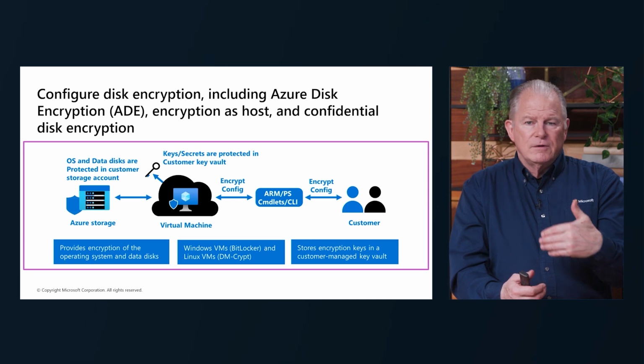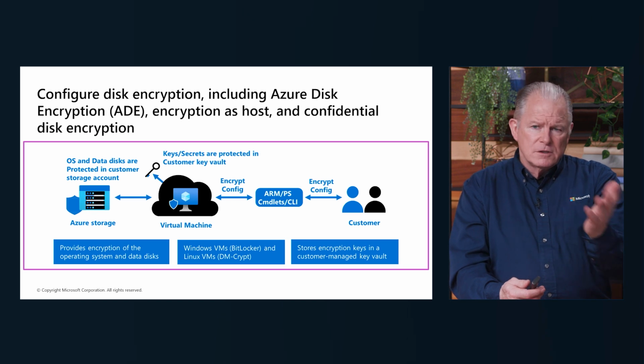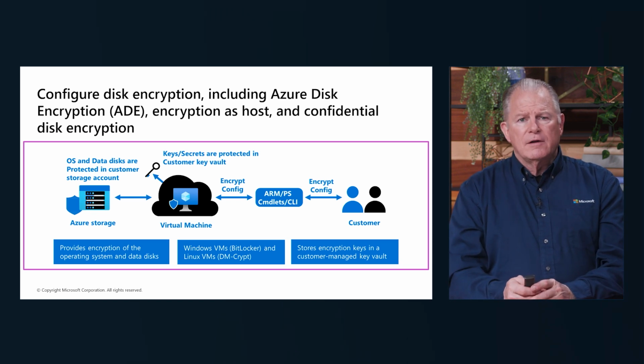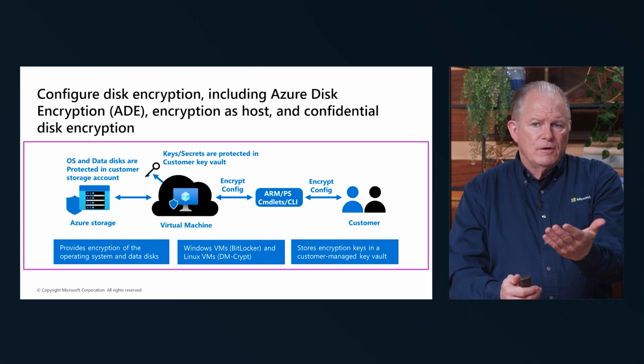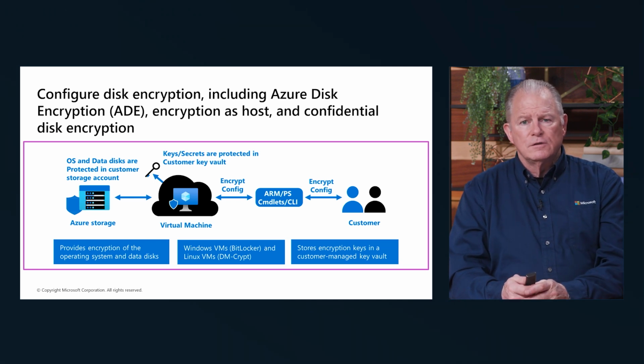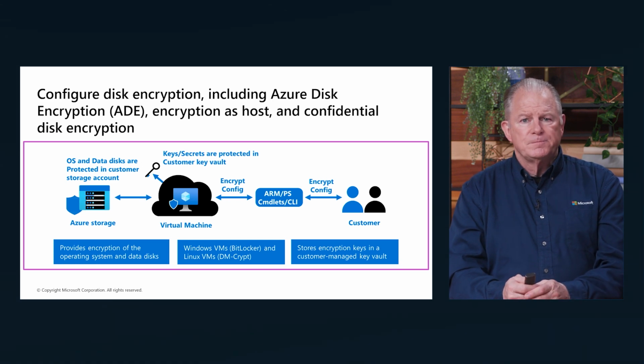And then you can get into even higher levels of encryption, at the file level, if you wanted to. It's not part of this course, but you can configure that disk encryption for your Azure disks if you wanted to use ADE for the host and confidential disk encryption. As I said, if you had a disk that you wanted to attach to some other virtual machine or maybe a container itself.